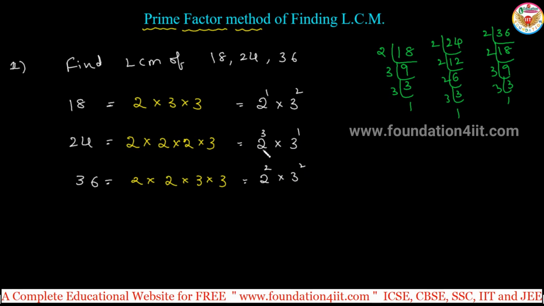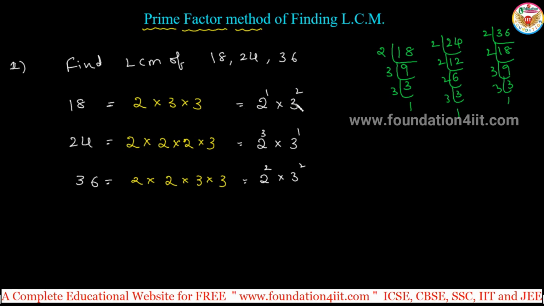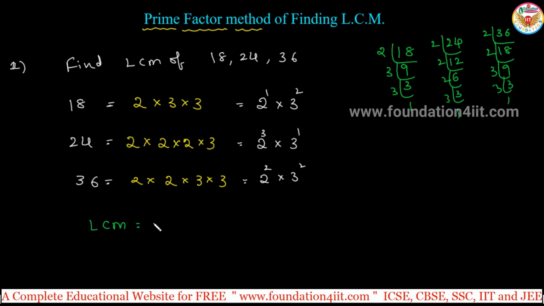So step 1 is to express each given number as a product of its prime factors, in index or exponential form. Then step 2, to find LCM: LCM is equal to the product of all the prime factors obtained with the highest power of each.